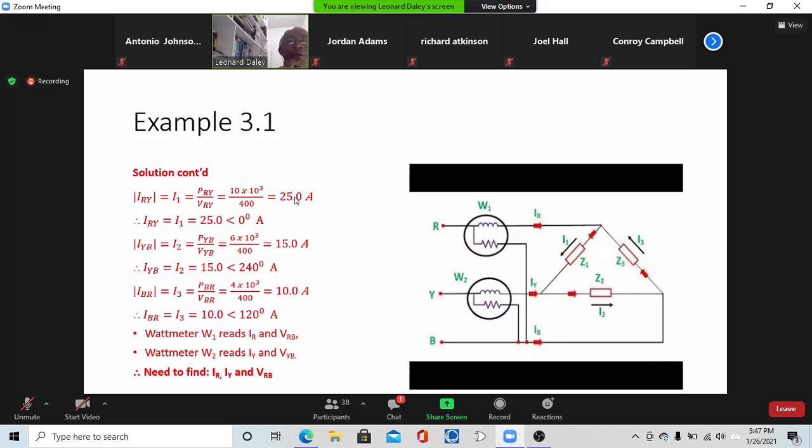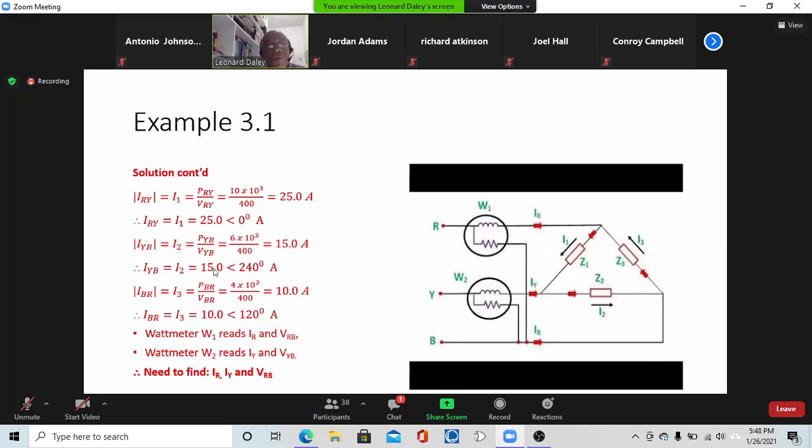So I1 has a magnitude of 25 amps, and because we know it's in phase with VRY, its angle is going to be 0 degrees. So it's 25 at angle 0 degrees. We can work out I2, which will be the current flowing in the yellow-blue phase. It's P yellow-blue divided by V yellow-blue, and that gives us 15 amps.